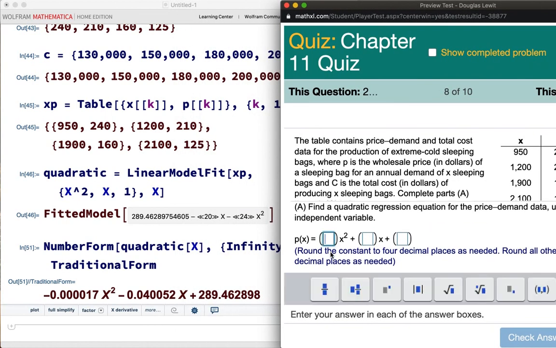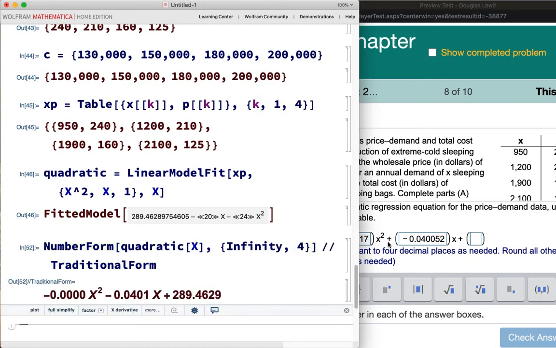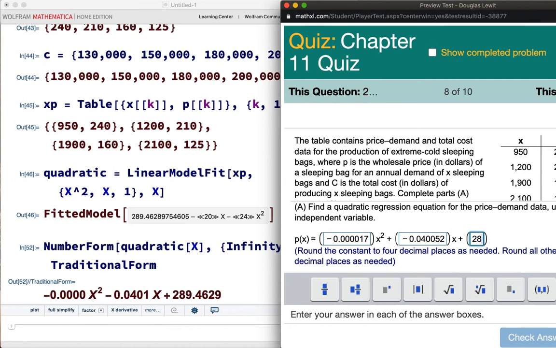Okay, so we're going to have negative 0.000017x squared, negative 0.040052x, and this number has to be rounded to 4 decimal places. So then that would be 289.4629.